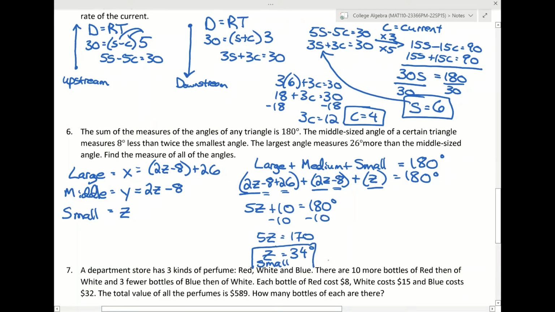Y is the middle. And in order to do that, it would be 2 times z minus 8. 2 times 34 is 68, minus 8 is 60 degrees for the middle.